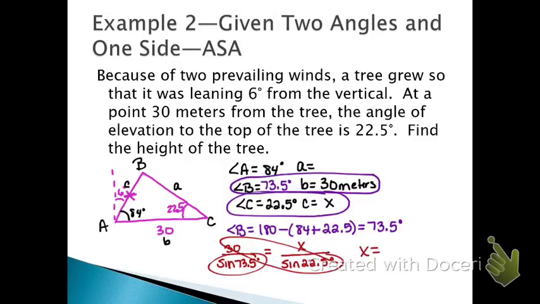So X is equal to 30 times sine of 22.5 degrees divided by sine of 73.5 degrees. And so let's plug that in our calculator and see what we get. All right, so we got 11.974. What's the units? Meters.